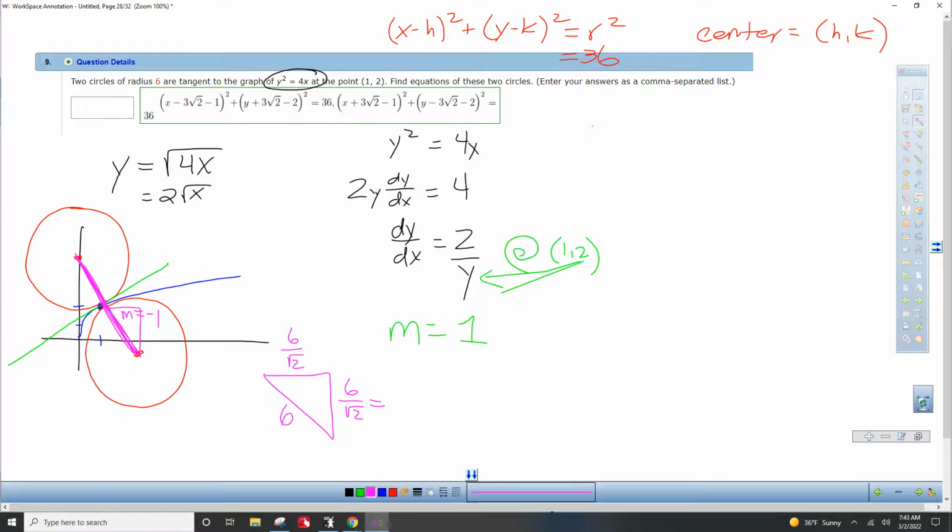So if I multiply each side by radical 2 over 2, you get 3 radical 2 for this one, and 3 radical 2 for that one. So what I need to do is add 3 radical 2 and go down 3 radical 2 from this point. So this point right here is (1 plus 3 radical 2, 2 minus 3 radical 2).